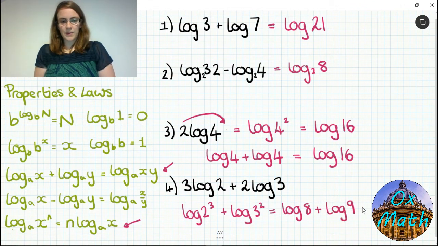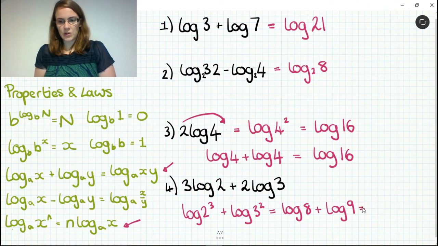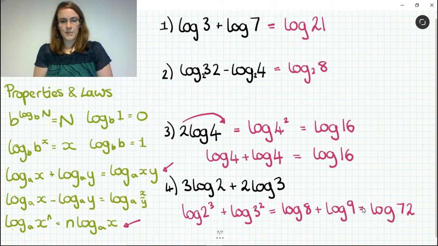Now we can combine them using our log law because we don't have any numbers in front. Because it's an addition, we need to multiply the two numbers, and 8 times 9 is 72. So 3 log 2 plus 2 log 3 is the same as log of 72. Again, check it on your calculator and you will find that it does work.